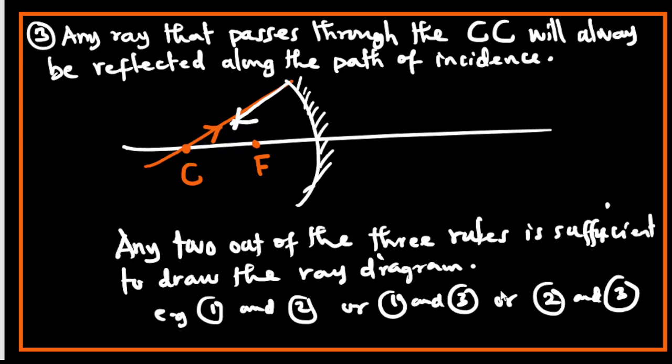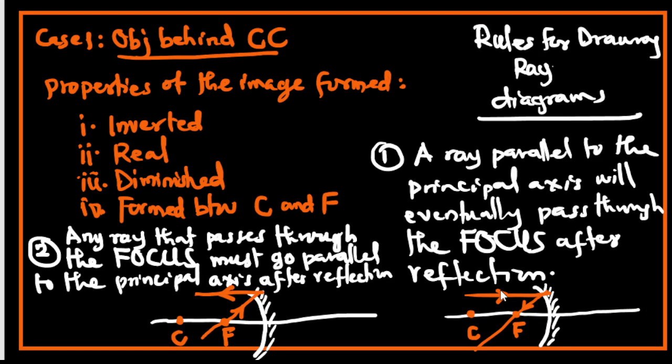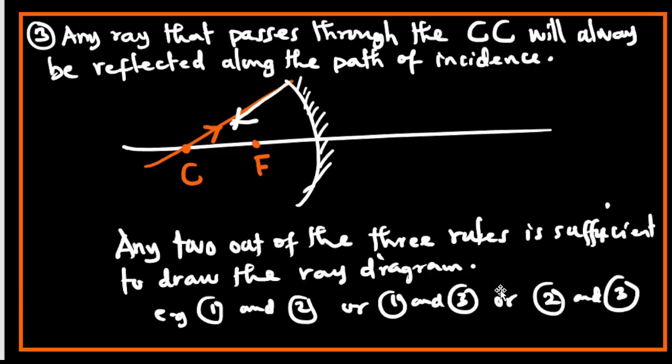So that's case 1. Now we also have case 2. For other cases, I may not have to draw ray diagrams for you. I will just state them, because of time. Case 2, object on center of curvature.